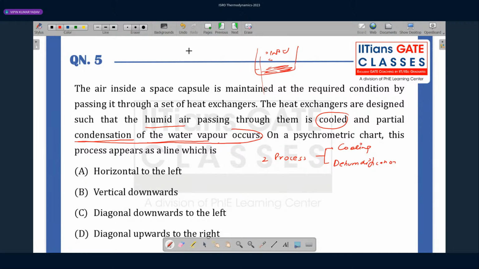Now it is saying, on a psychrometric chart, this process appears as a line which is horizontal to the left, vertically downward, diagonal downward to the left, or diagonally upward to the left. So let us understand this.